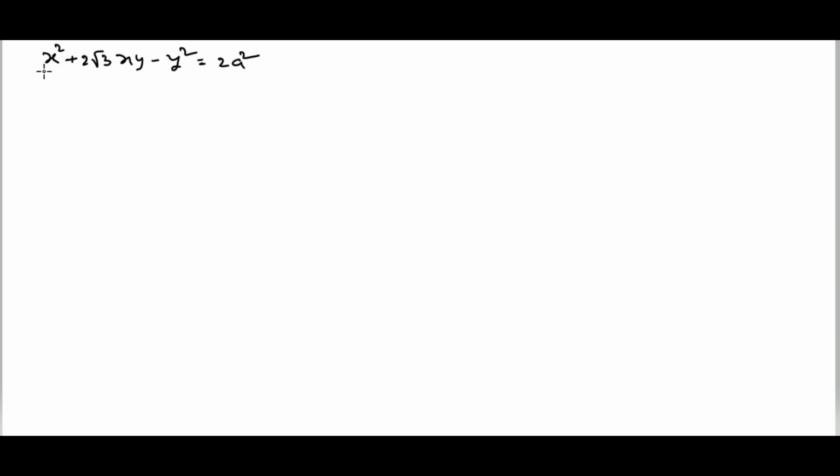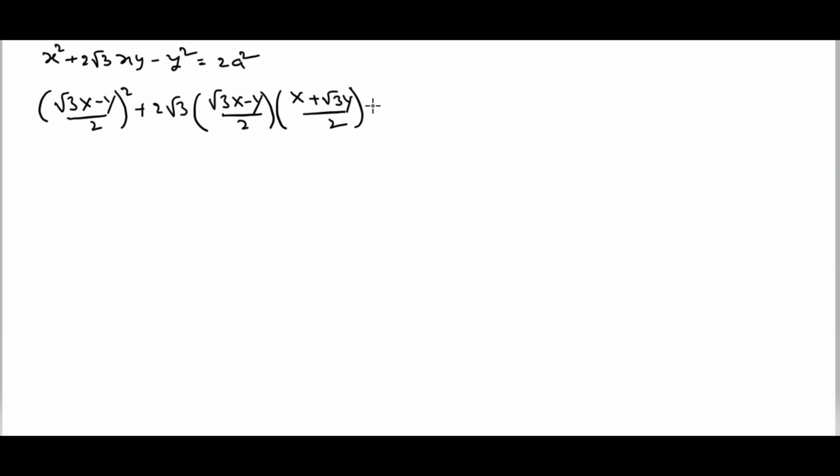So small x value, root 3 into capital X minus Y by 2 whole square, plus 2 root 3 into root 3 X minus Y by 2 into the y value, X plus root 3 into Y by 2, minus y square, that is capital X plus root 3 Y by 2 whole square, is equal to 2a square.